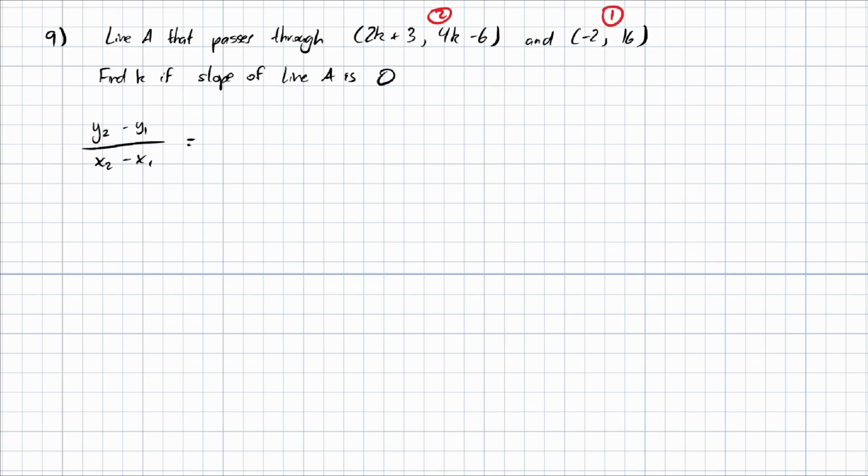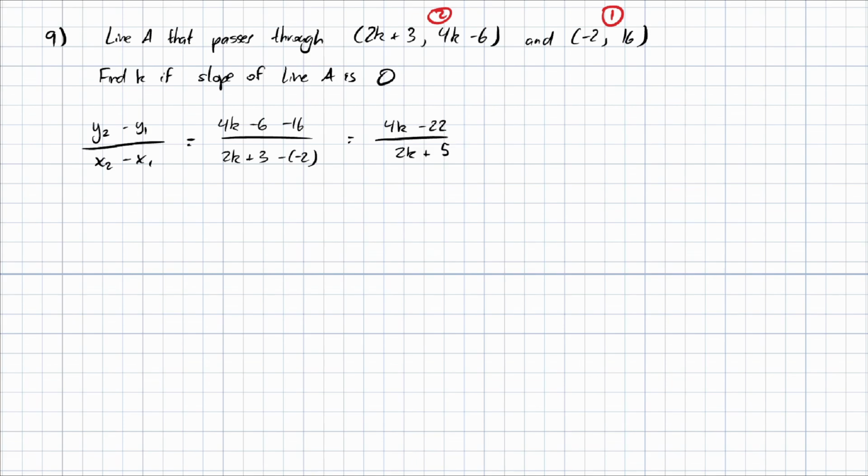So we have 4k minus 6 minus 16 over 2k plus 3 minus negative 2. So this gives me 4k minus 22 over 2k plus 5, I believe.